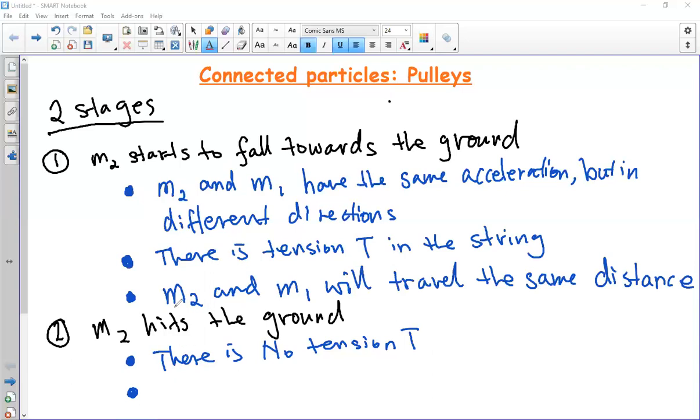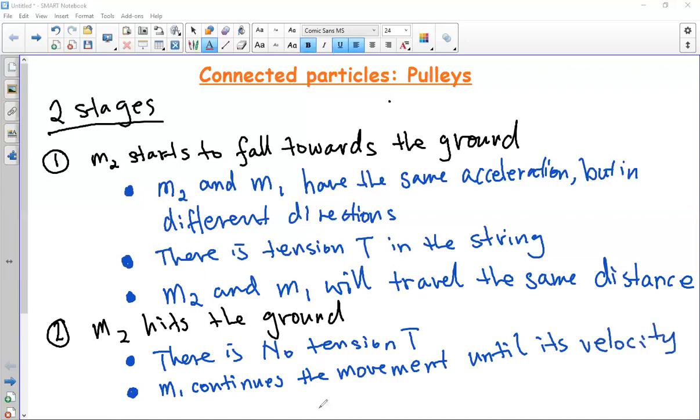So let's write this down: M1 continues the movement until its velocity becomes 0. You can see here we'll have our suvat equations involved at some point.